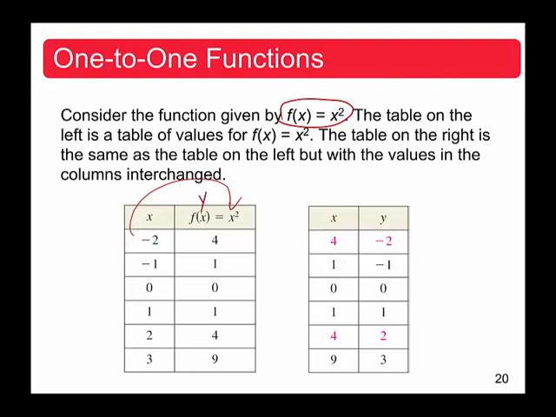Now you will notice that although f of x equals x squared is a function, right here the same x value produces two y values. So the inverse is not a function, so it's not one-to-one. That means f of x equals x squared has no inverse function.